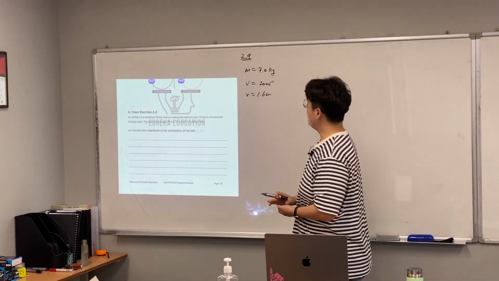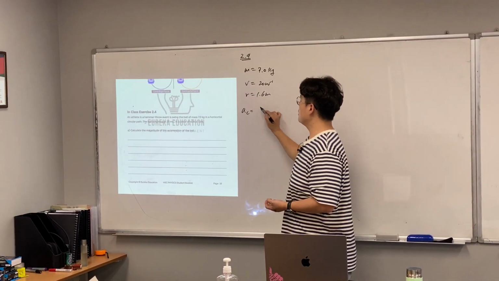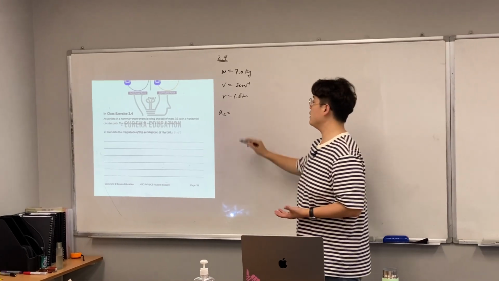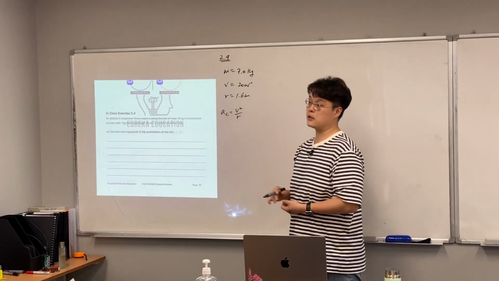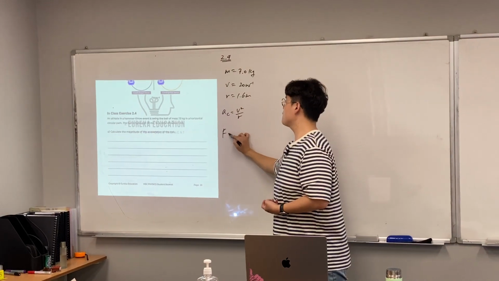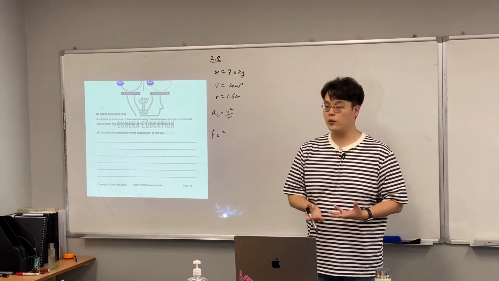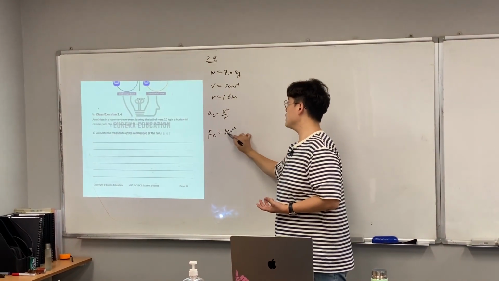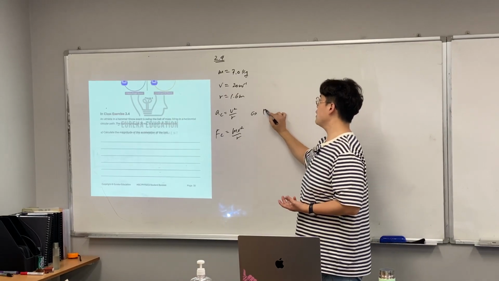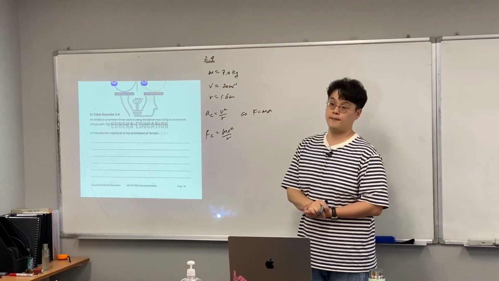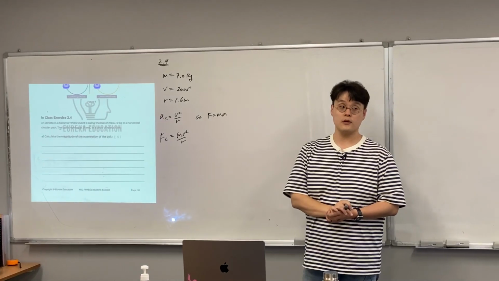The centripetal acceleration can be found by v squared over r. Or we can think about Fc, the centripetal force, which is mv squared over r, as F equals ma. Does it make sense?